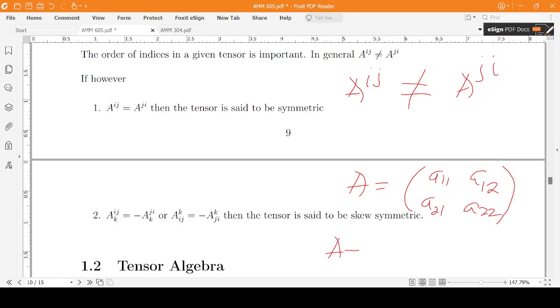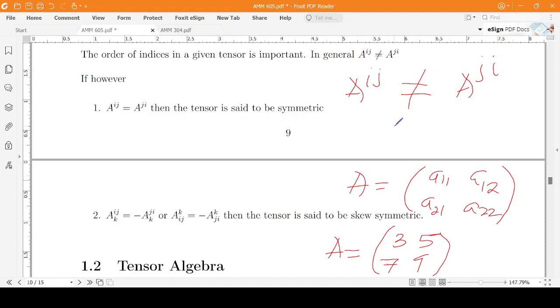For example, if we write a matrix 3, 5, 7, 9, you can say that we have A12 as 5, A21 as 7. So basically, in general, these quantities are not equal. So when we write Aij and Aji, in general, they are not equal. But in some cases, they may be equal, or they may differ only in the sign.